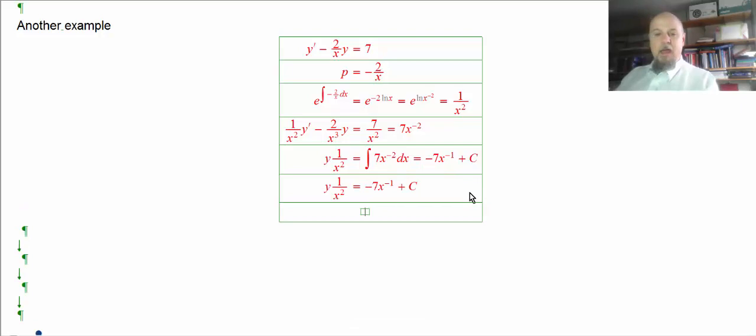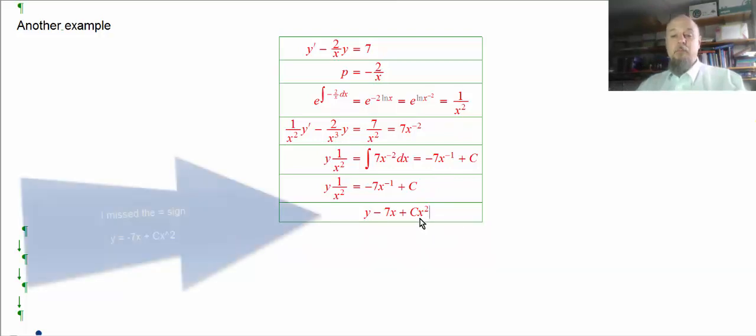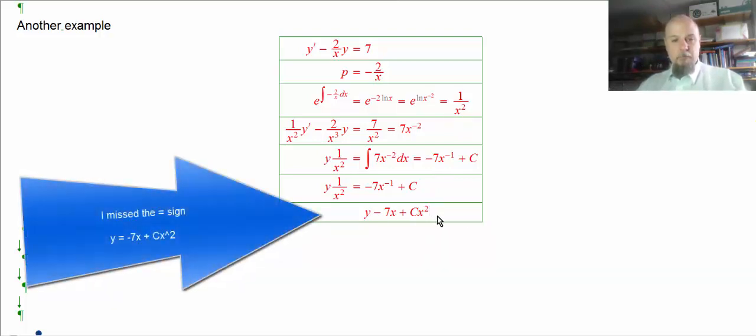And if I want my explicit solution, I guess I could take this equation, this implicit solution, and multiply everything by x squared. And there's my explicit solution. At this stage, I could solve for the c.